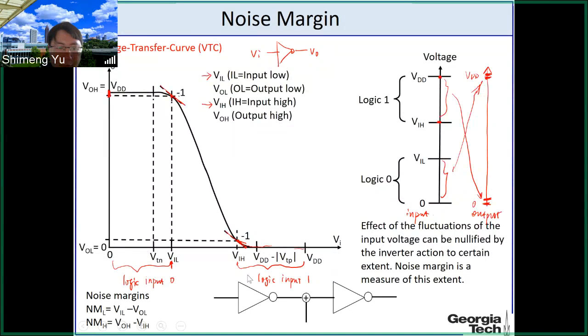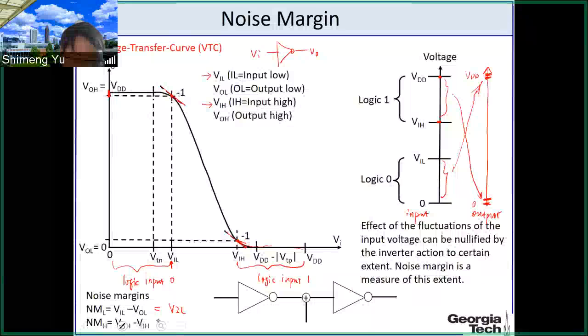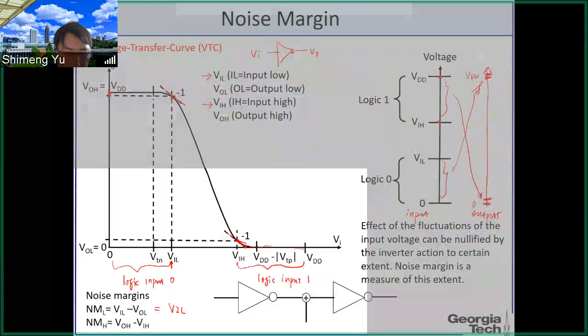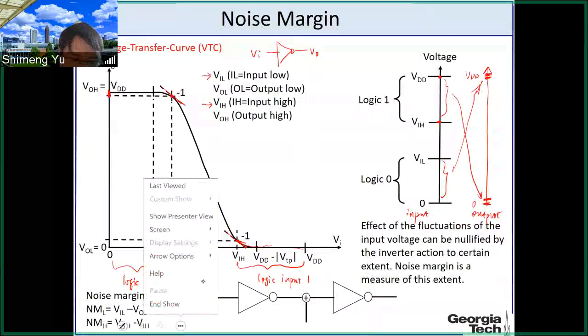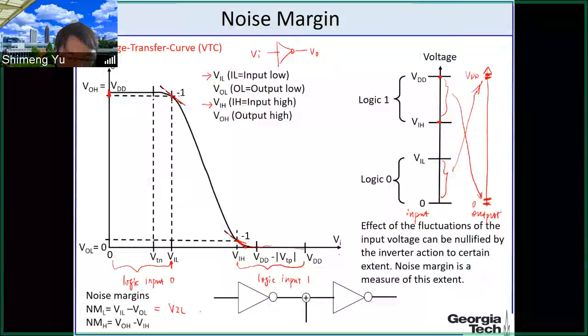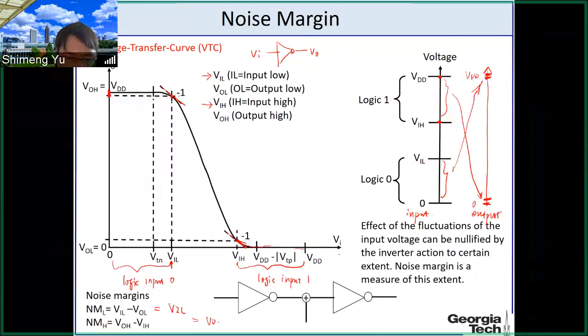Similarly, we can define the noise margin high, which is from VIH to VDD. In this particular case, this is the same as VIL, and the noise margin high is VDD minus this VIH.